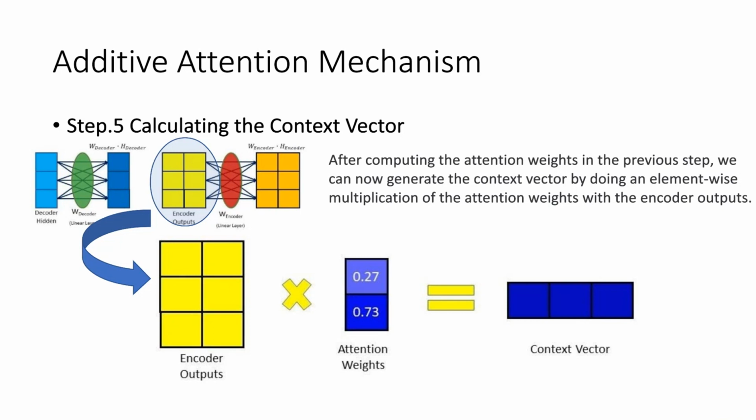The second feature vector, at another time step in the input sequence, will have greater contribution to the output feature vector, right? So we just take the weighted sum here, then we get some context vector. The context vector is a summarization of all the contributions you might have from all the input elements with respect to one specific output element.